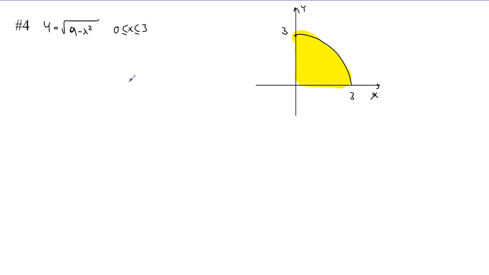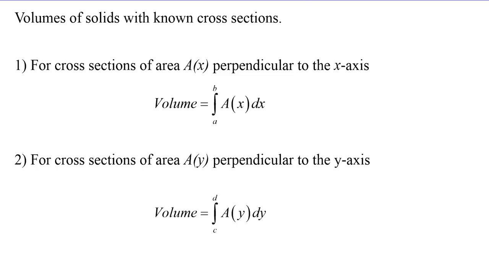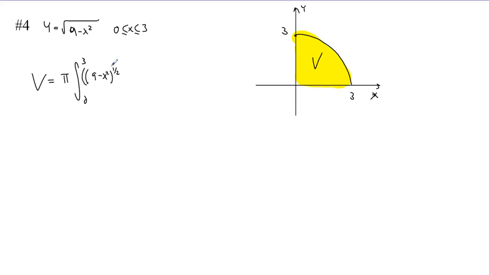So the volume I'm looking for, once I've rotated it, is going to be pi, the integral from 0 to 3 of (9 minus x squared) to the 1/2 power. That's what the square root does. But the function tells me to square that, so I put a square around that, and then dx.